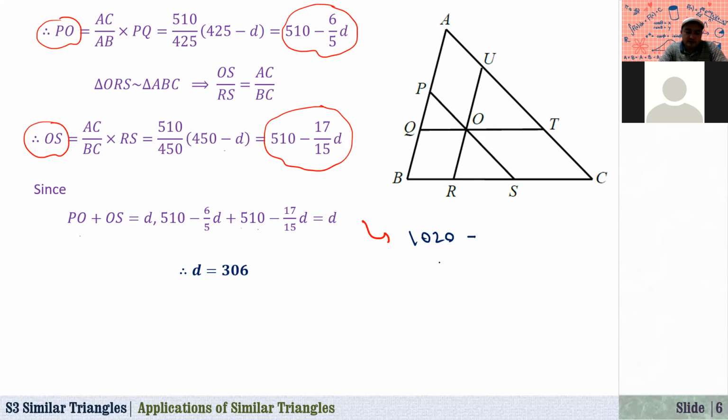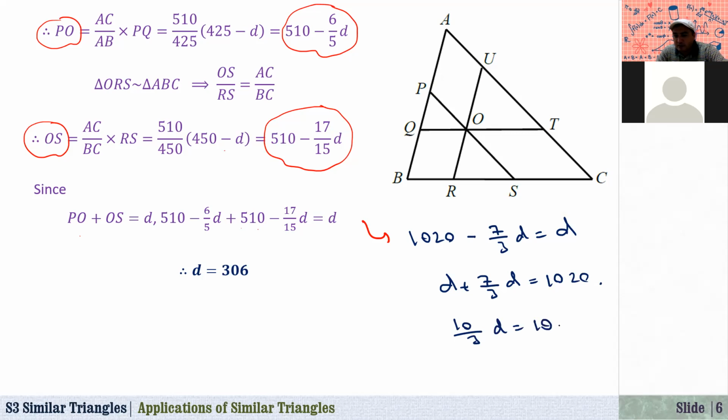So that's equal to 7 over 3 D. That's equal to D, and taking 7 over 3 D to the right-hand side, D plus 7 over 3 D equals 1020. And 1 plus 7 over 3 is equal to 10 over 3 D. That's equal to 10 times 102. So this 10, 10 is gone, right? What is D? D is equal to 306.